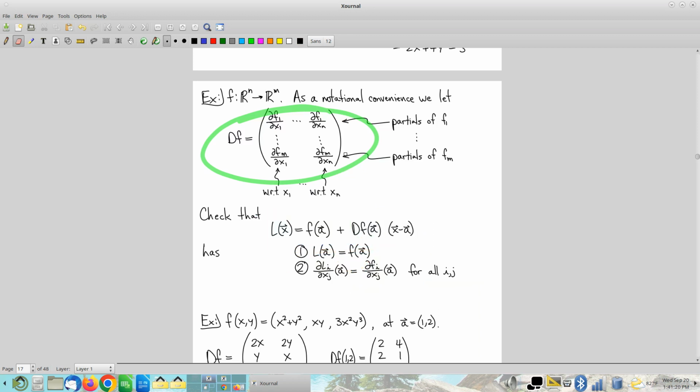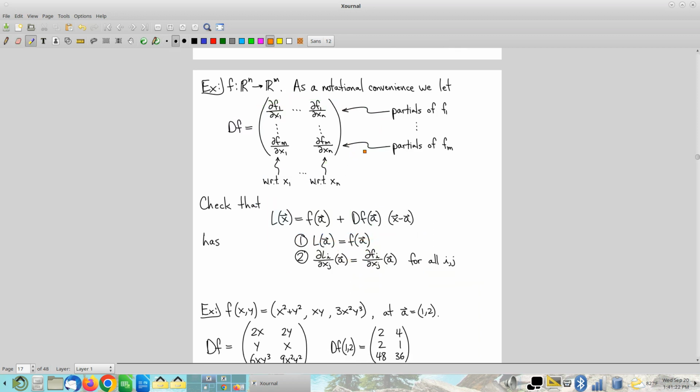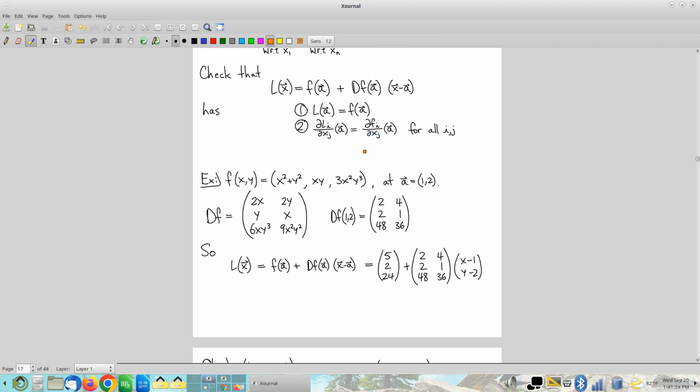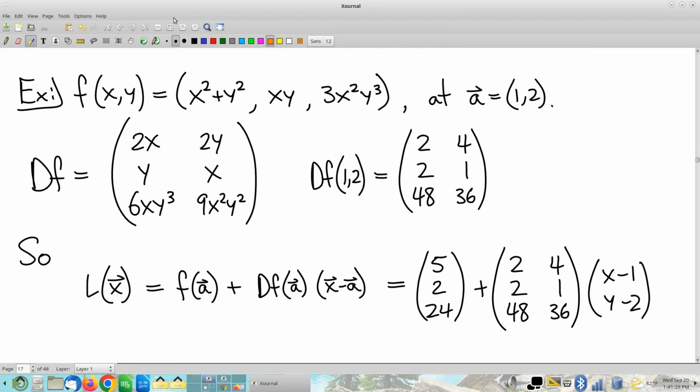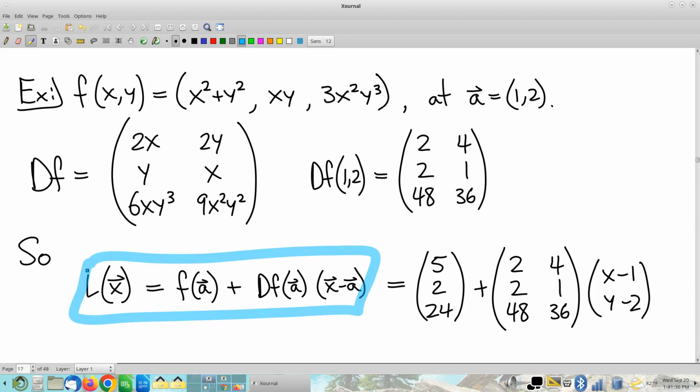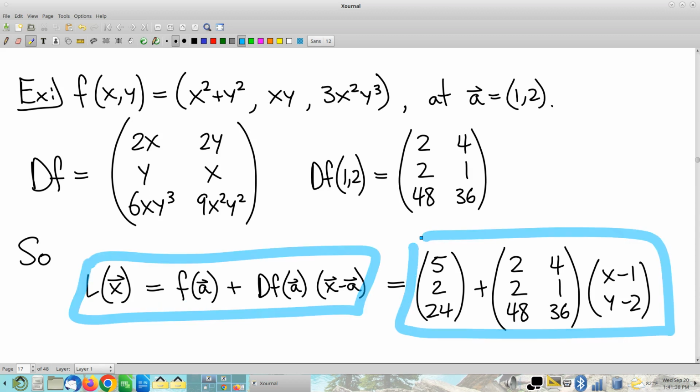And another plug and chug example here. This is just really a lot like the previous example that we had done. This general form here turns into this.